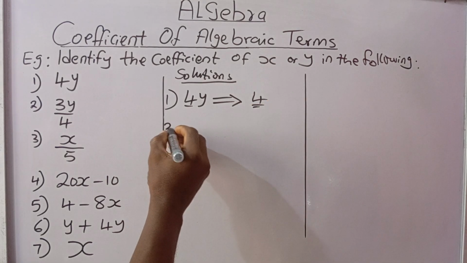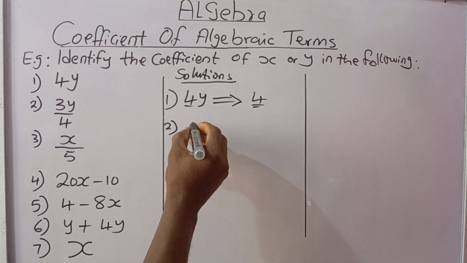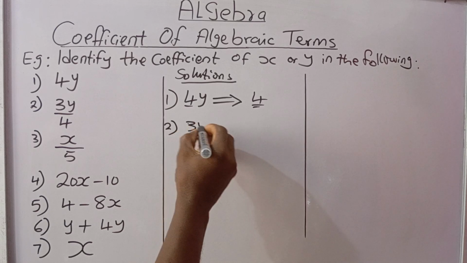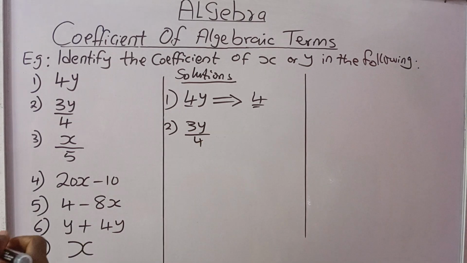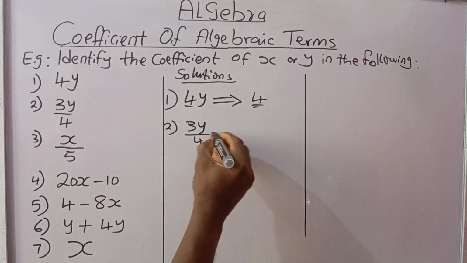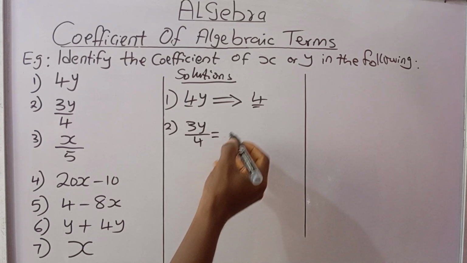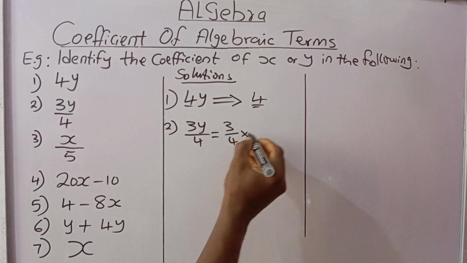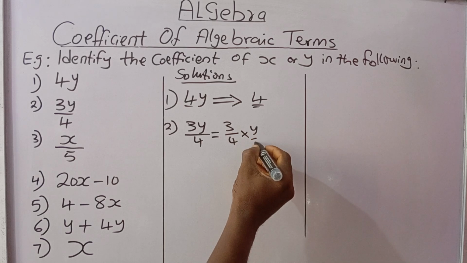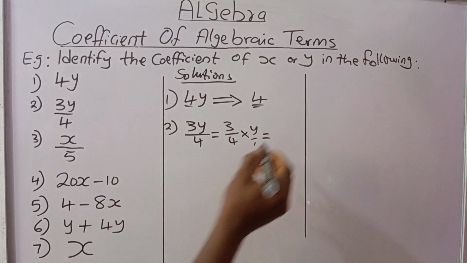Then number 2, you can see it's quite easy. Number 2, we have 3y over 4. So what is the coefficient of y here? There is another way I can represent this fraction. I can represent this fraction this way and it will still mean the same thing. That is 3 over 4 multiplied by y. Will it give us the same thing?